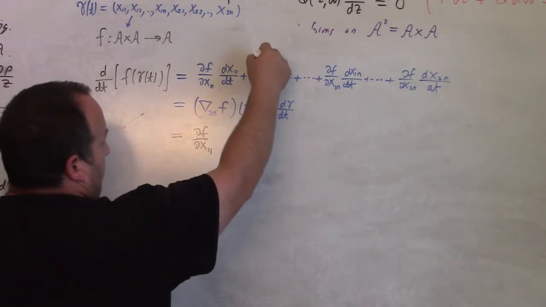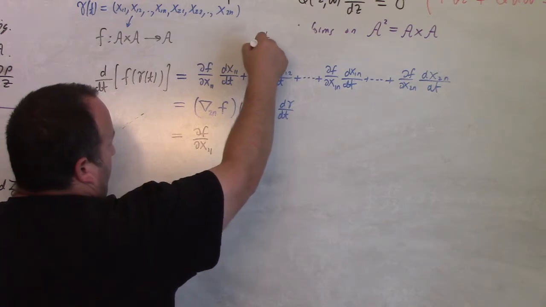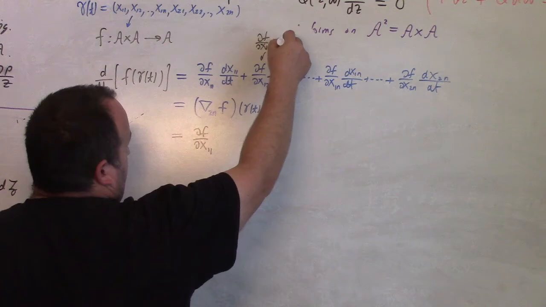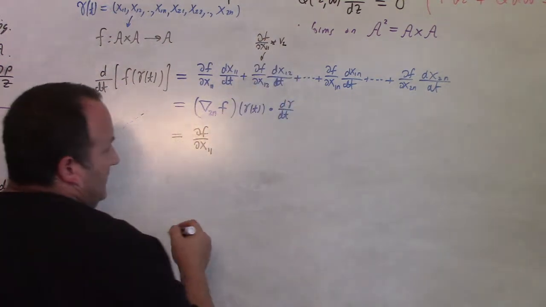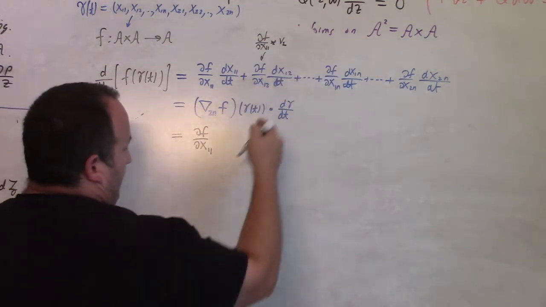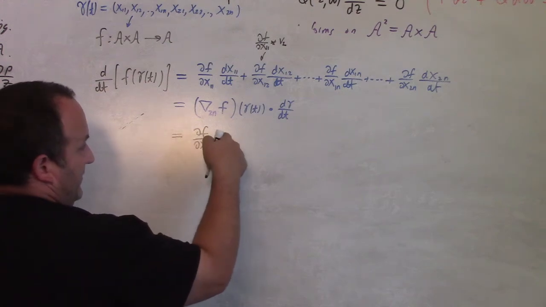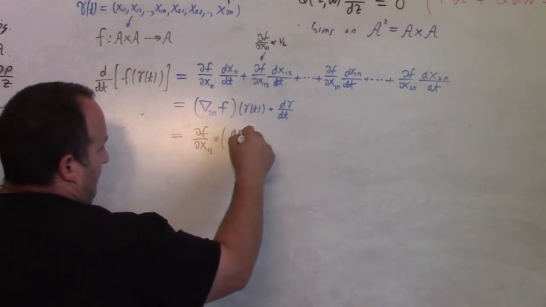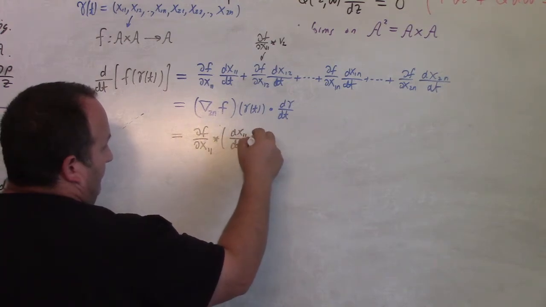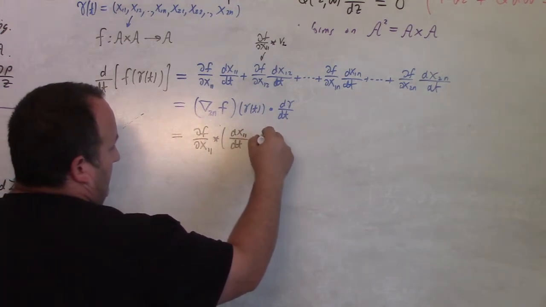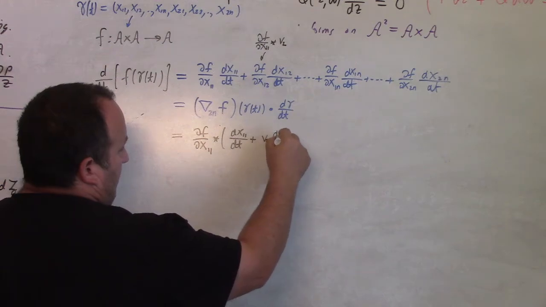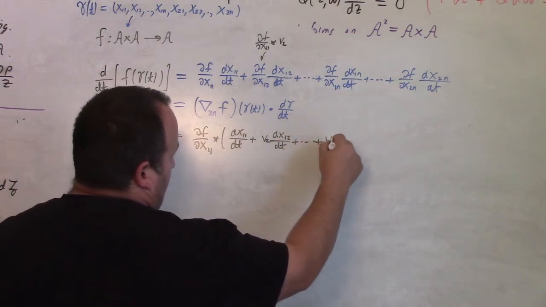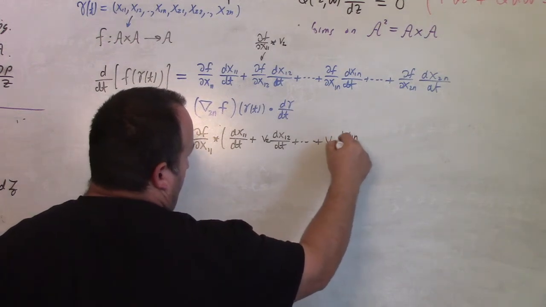This one becomes partial x11 times dx12, v2, and this one pulls out of vn, but we have a partial x11 on each one of those. And then that gets multiplied by dx11 dt plus v2 dx12 dt, up to vn dx1n dt.